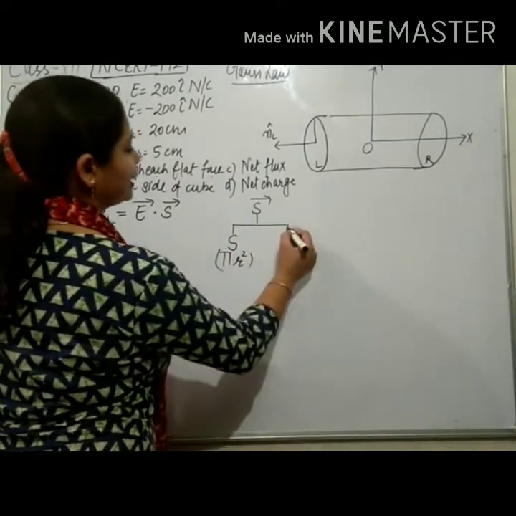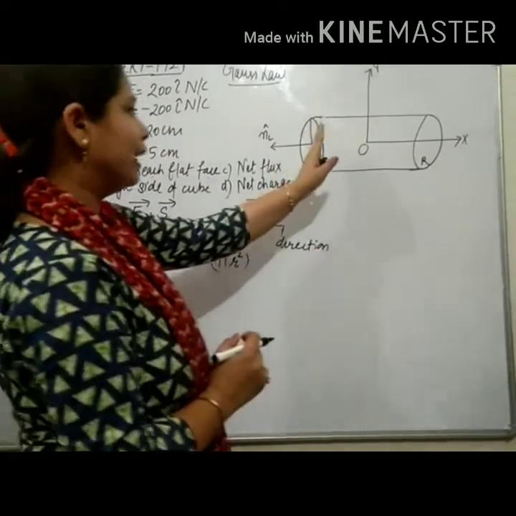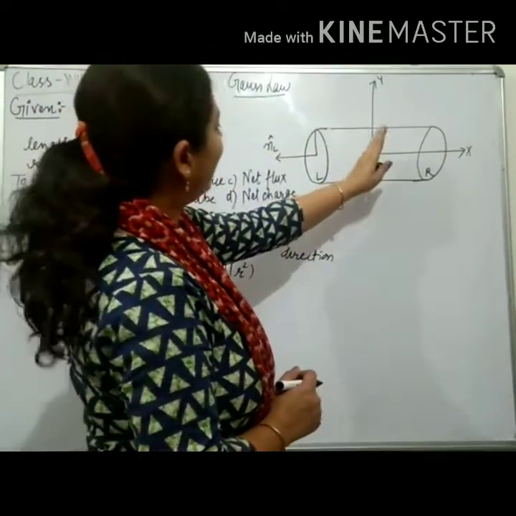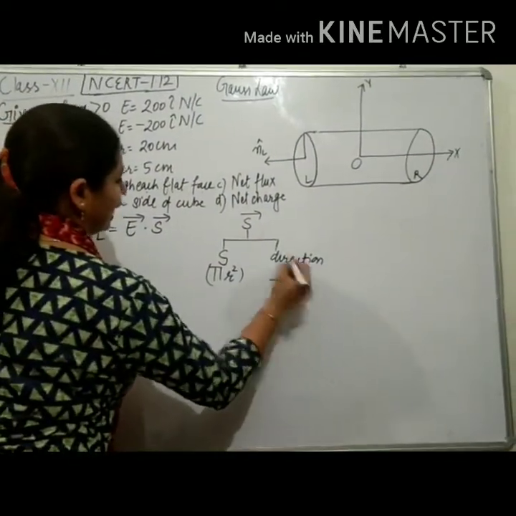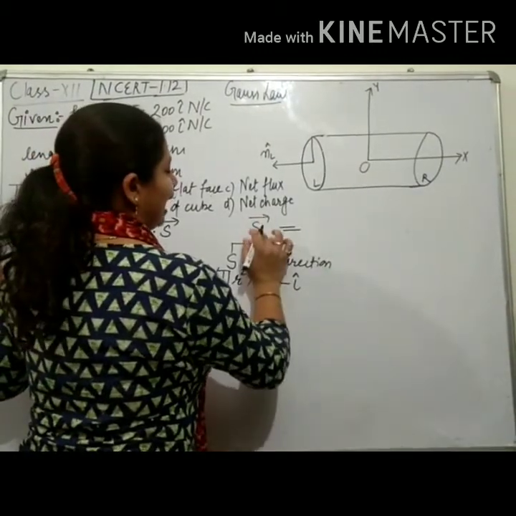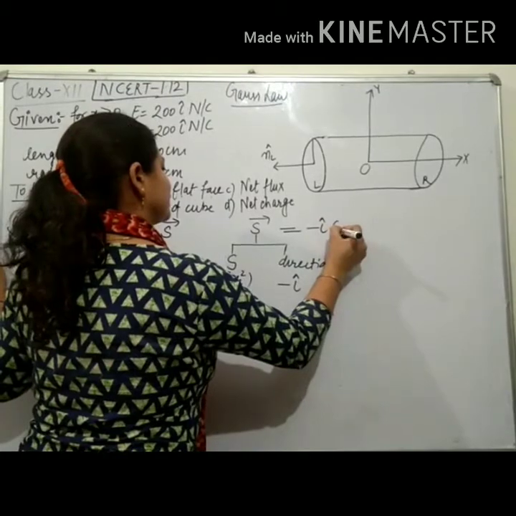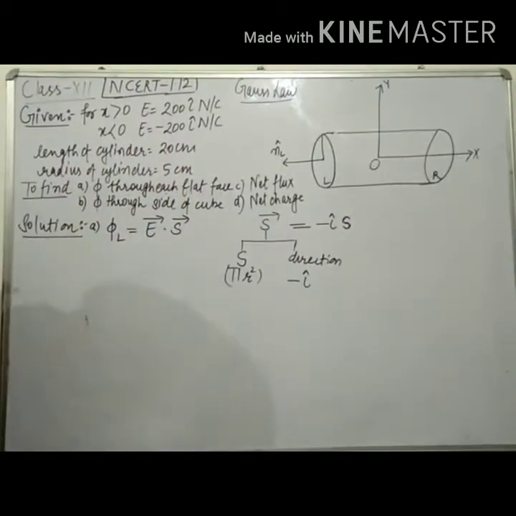And its direction will be along the negative x direction, so it will be minus I cap. So I can write the S vector as minus I cap S, where S is the magnitude and minus I cap represents the direction.